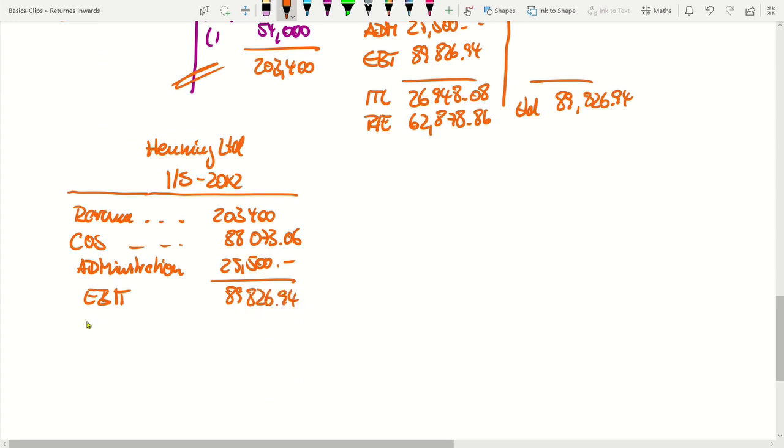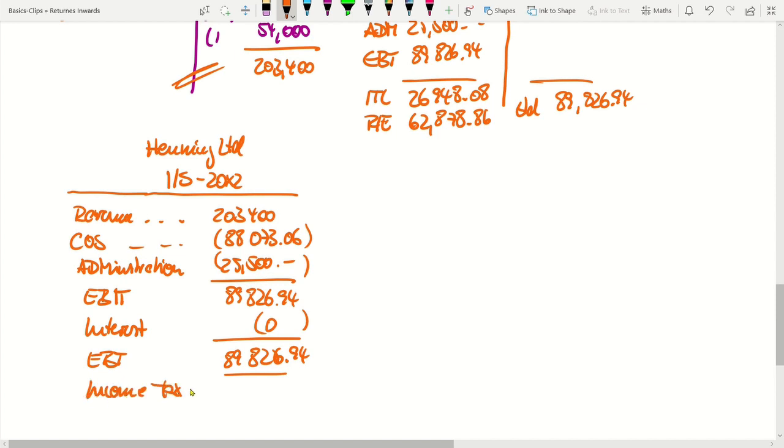And it is 89,826.94. I deduct interest, which is 0. I'm still left with 89,826.94 as the earnings before taxation, and then I deduct the income taxes, which is 26,948.08.